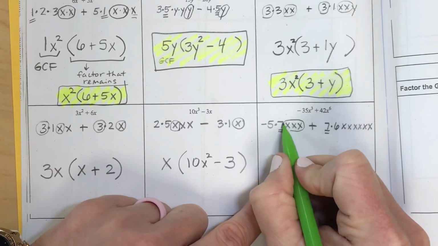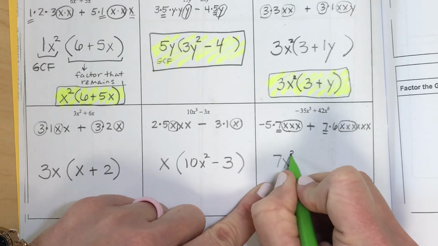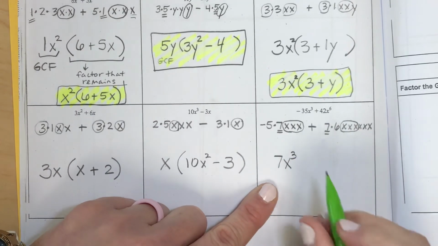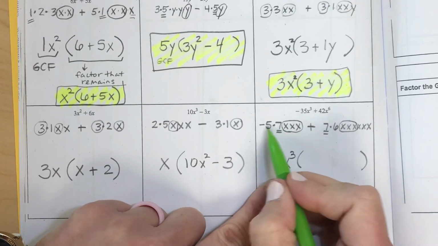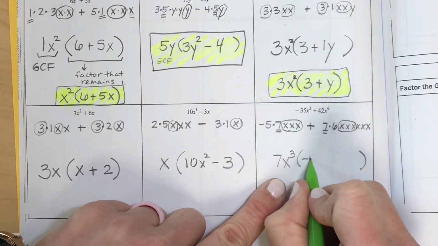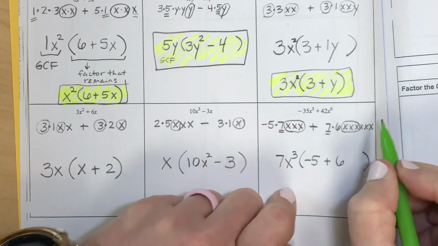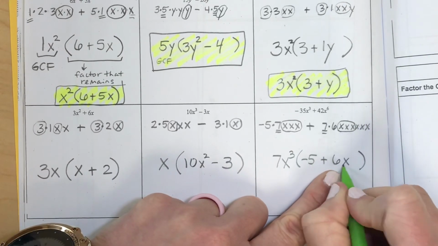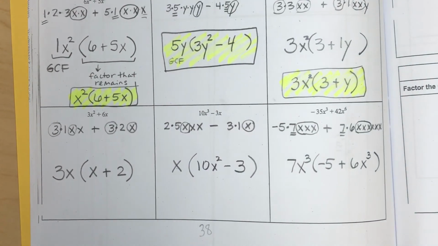And the amount of letters that both of them have is 3 x's. So 7x cubed is called the GCF. And what we write in parentheses is what remains. The negative 5 remains for the first term, a 6 remains for the next term, and 3 x's, so 6x cubed. And that is how you factor out a GCF.